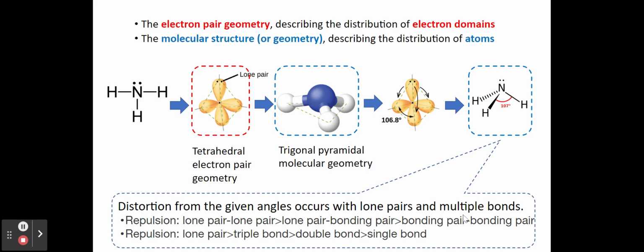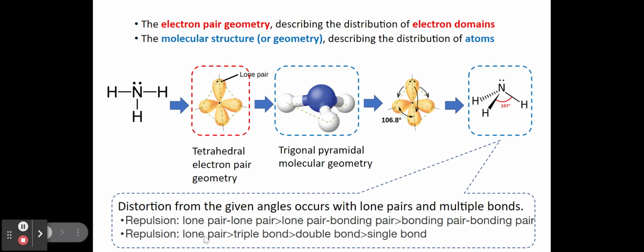This distortion from the given angles occurs when we have lone pairs of electrons and multiple bonds. When we look at the repulsion that takes place, the greatest repulsion would be between 2 lone pairs of electrons, followed by a lone pair and a bonding pair of electrons. And the weakest repulsion would be between 2 bonding pairs of electrons.